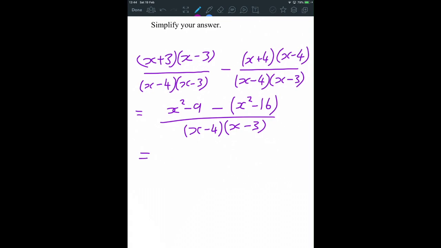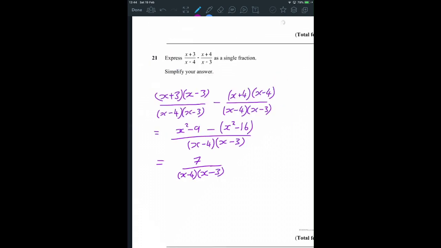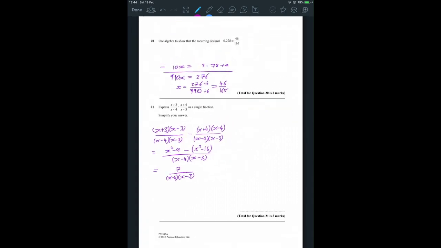Simplifying the top, I've got the x squared minus x squared, so they cancel. I've got minus 9 minus minus 16. So that's minus 9 plus 16. You can, if you want, expand out the denominator, but not required. That is, as a single fraction, in its simplest form.